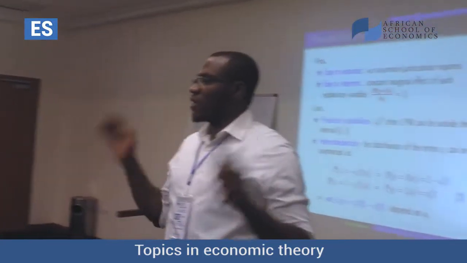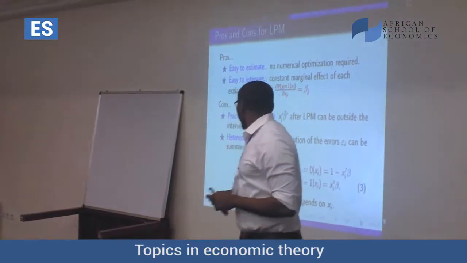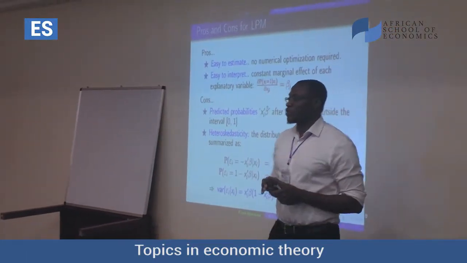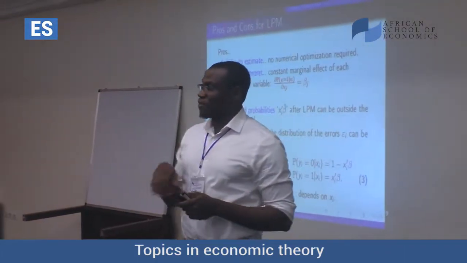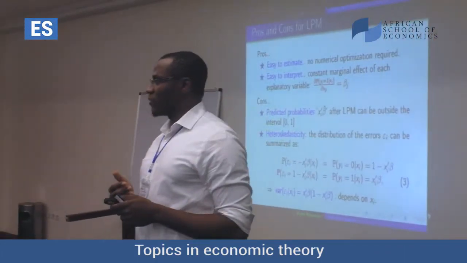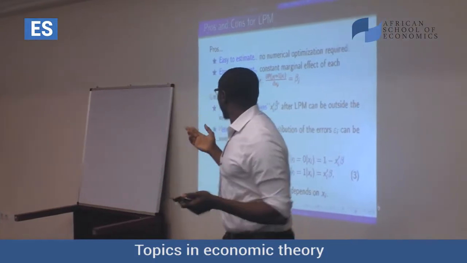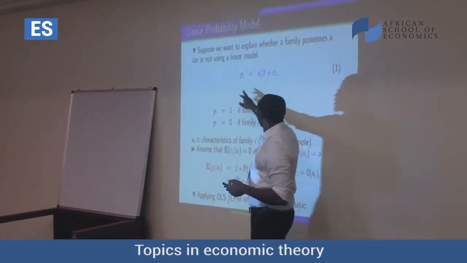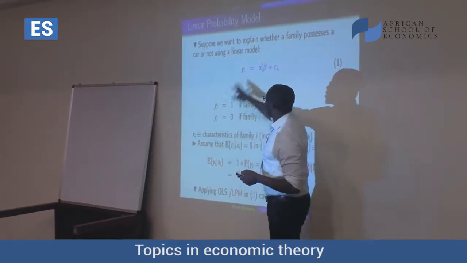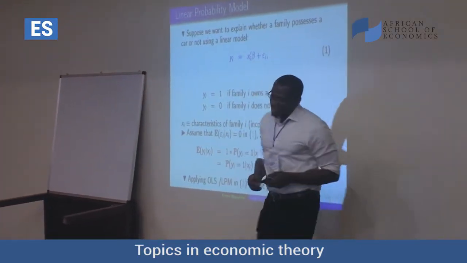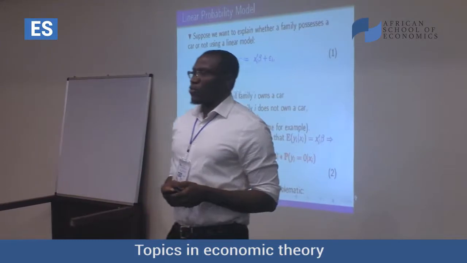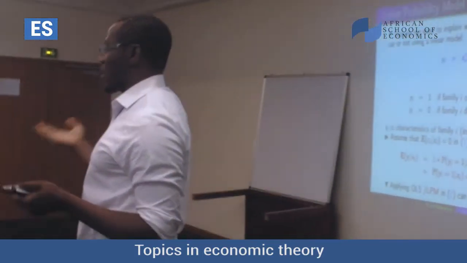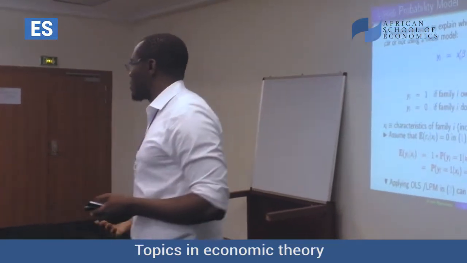Let's say there is a reform where maybe you give a cash transfer or something like that to households, and you want to see the probability that those households send the kid to school. If you use a linear probability model, it will just look like this. The left-hand side is 1 if you send your kid to school, and 0 otherwise. And one of the key explanatory variables will be a dummy of whether you got the transfer or not. So that's like the treatment of impact evaluation.